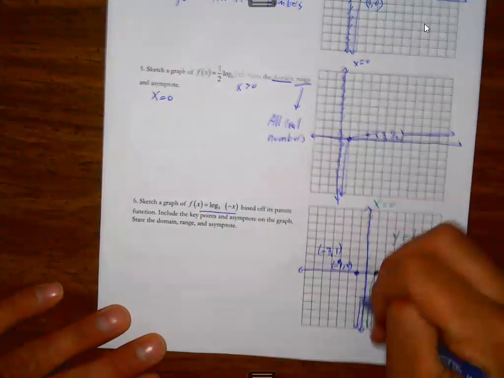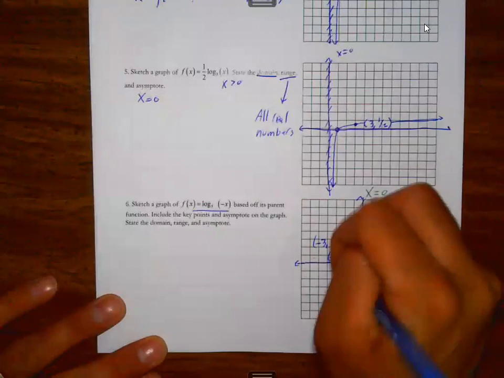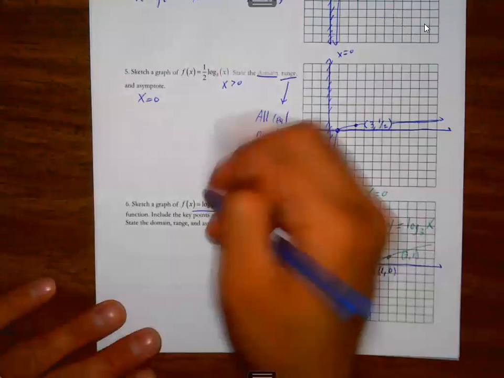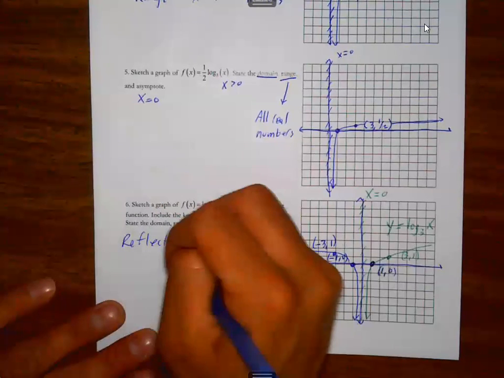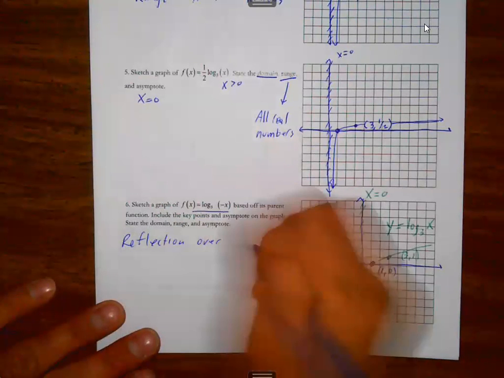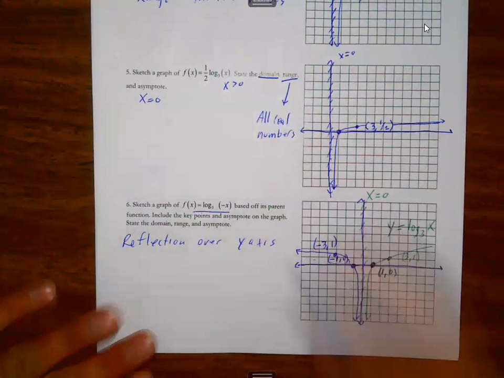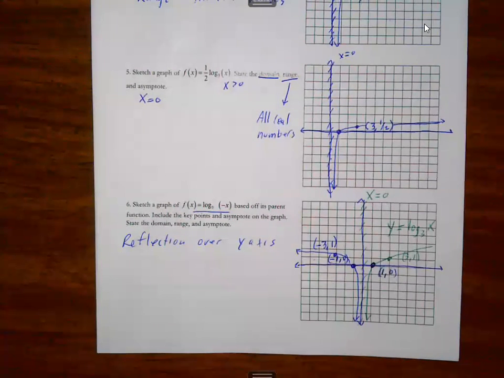So putting a negative in front of your x is going to reflect it over the y-axis. Because if you remember in geometry, when you took points and changed the sign of x, it would reflect over the y-axis. So the same thing in coordinate geometry, or what we're doing here, graphing on this graph paper. We're taking all the x values and we're negating them, which will reflect it over the y-axis.